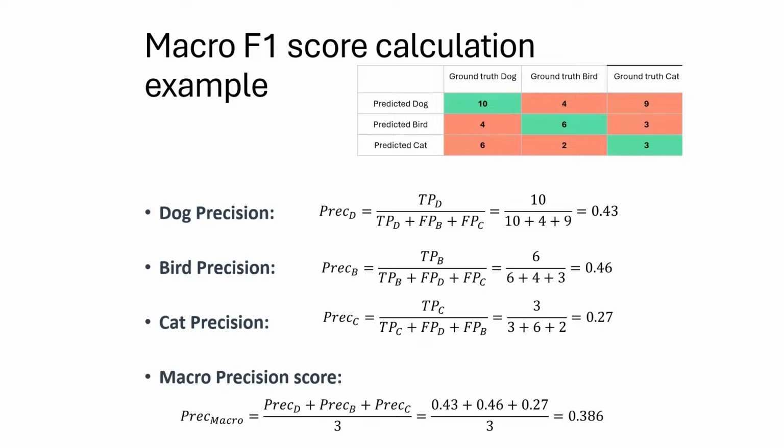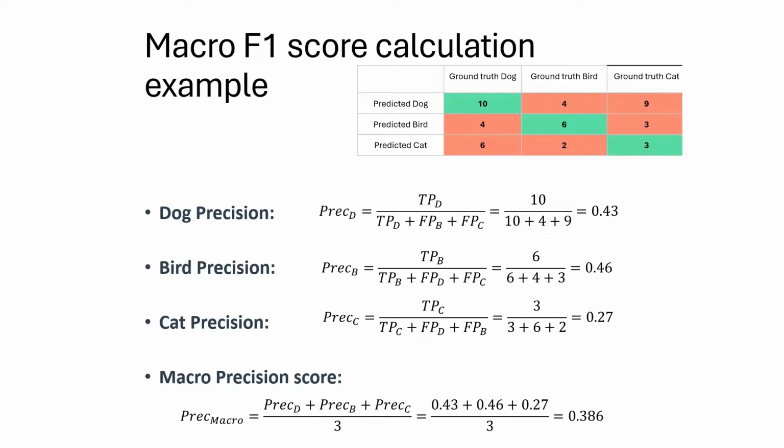And the macro precision is the average of these three precisions. So we add the dog precision, bird precision, and cat precision, and divide by 3. Is it clear? That's the macro precision.